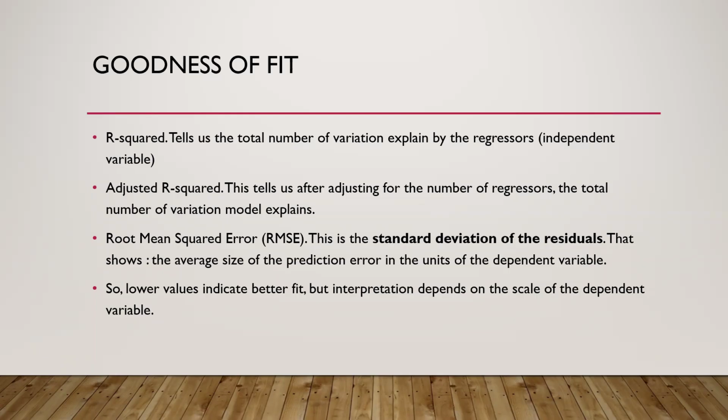So your interpretation depends on it. You can have a low root mean square error that you might not interpret well, but you might have a high one that you can interpret well. But the low one, that is below 50%, indicates that the model is fit properly.